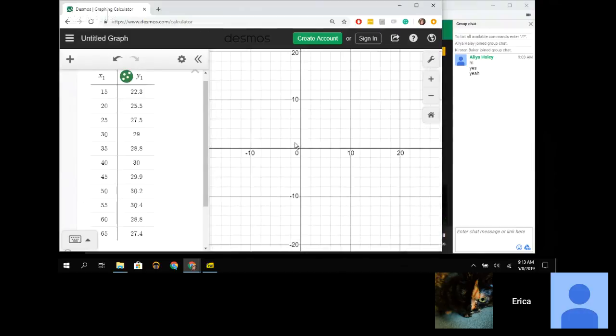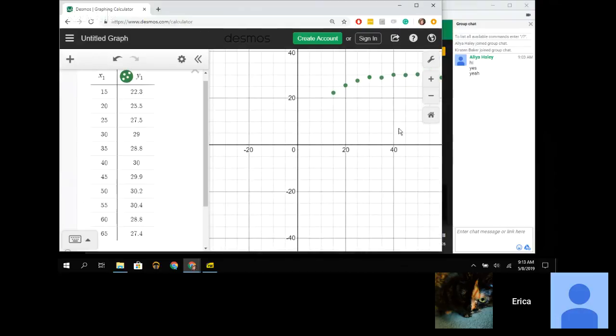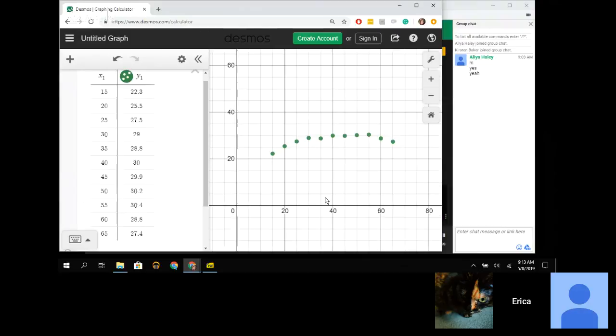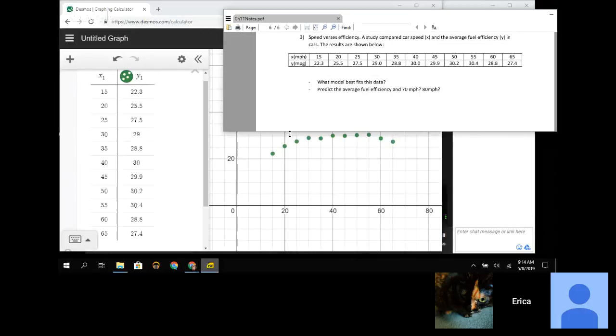But if I start to scroll out, you will see, voila, here is my data for X represents the number of miles per hour that I'm traveling, and Y represents the miles per gallon. Okay, so this is your data over here, miles per gallon, miles per hour. And so there's your fuel efficiency chart.